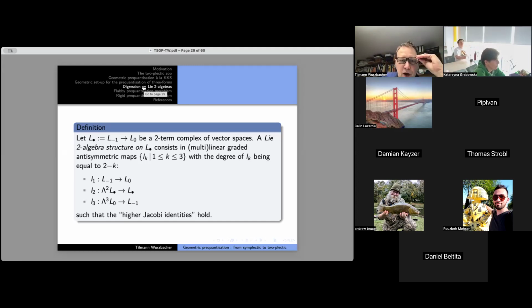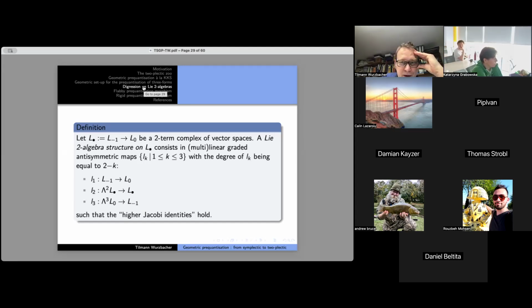So what is in general a Lie two-algebra? There are several points of view. I take a point of view which is strictly non-categorical. I take a two-term complex of vector spaces, which is a stupid expression for saying I have two vector spaces and a linear map between them.